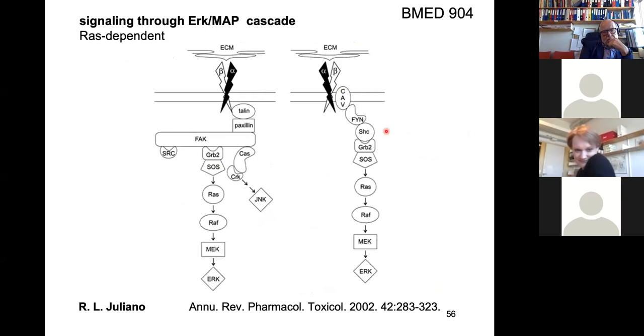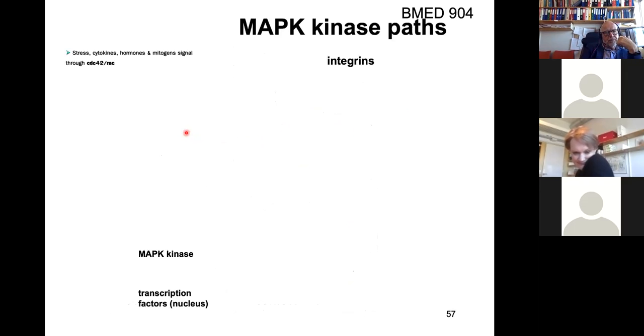But integrins have also been reported to signal without focal adhesion kinase. Some of these studies, which were FAK independent, have not stood the test of time, and I'm not actually so sure, but it's clear that the most common signaling via integrins is dependent on focal adhesion kinase.